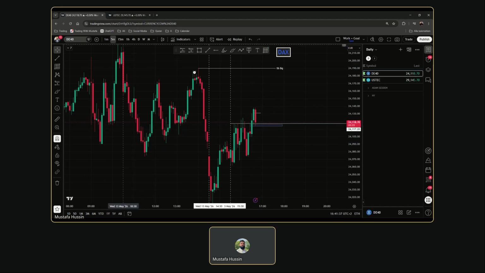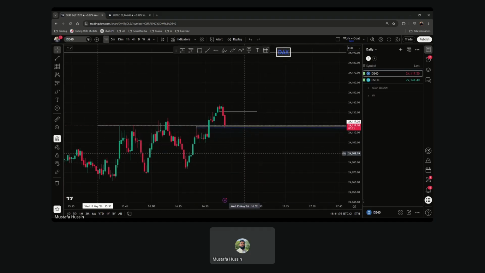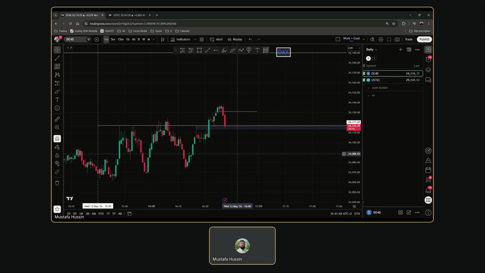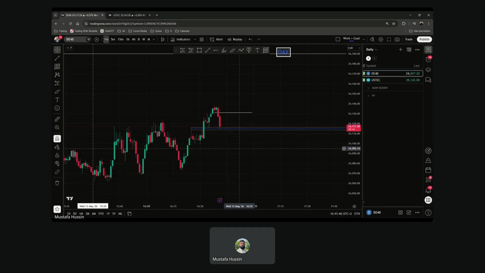There's a 5-minute fair value gap right there. Removing this line.